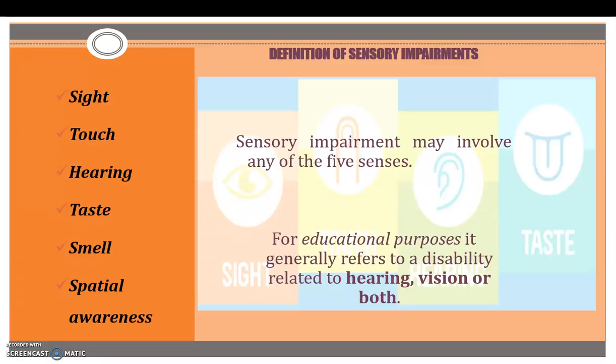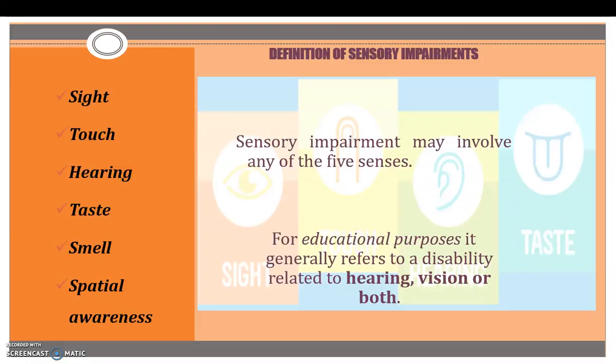We move now to another disability category. Now, I am not sure if you have heard the term sensory impairments before. However, sensory impairments involve any of the five senses. For educational purposes, though, it generally refers to a disability relating to hearing, vision, or both.